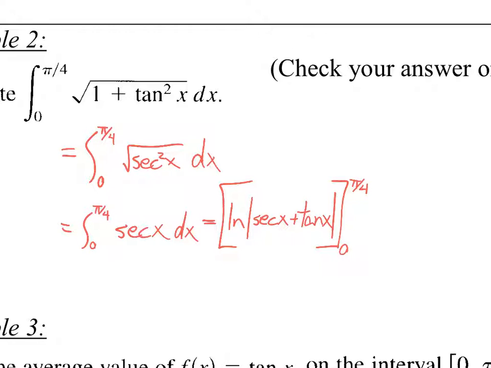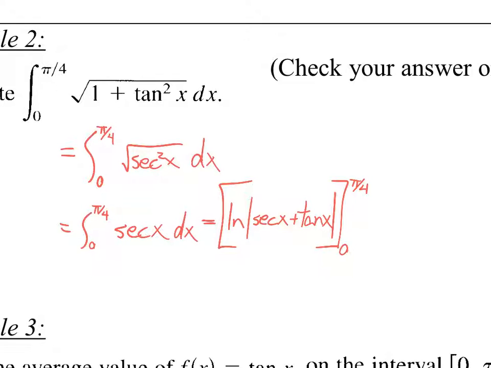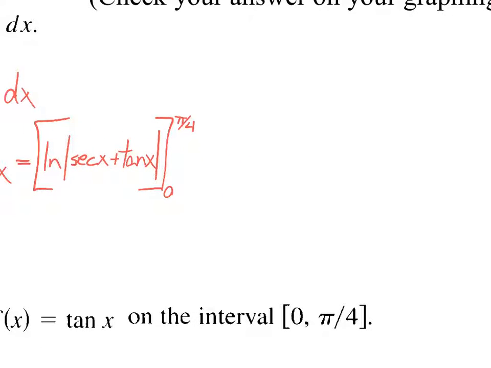Okay? Don't be surprised if this is on a portion that you can't use a calculator for, because this is all unit circle. So let's work it through here. First thing, I'm going to have the ln of the absolute value of secant of pi over 4 plus tangent of pi over 4, minus the natural log of the absolute value of secant of 0 plus tangent of 0.